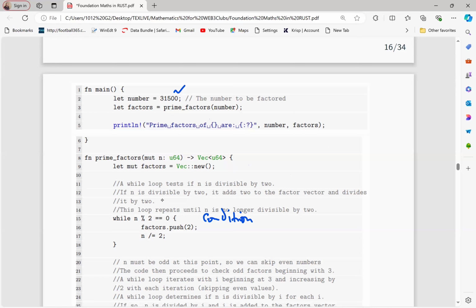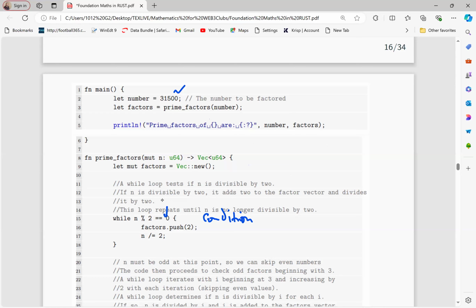Now, the condition: does this number on division by 2 give a remainder of 0? If that is correct, then you enter inside here.